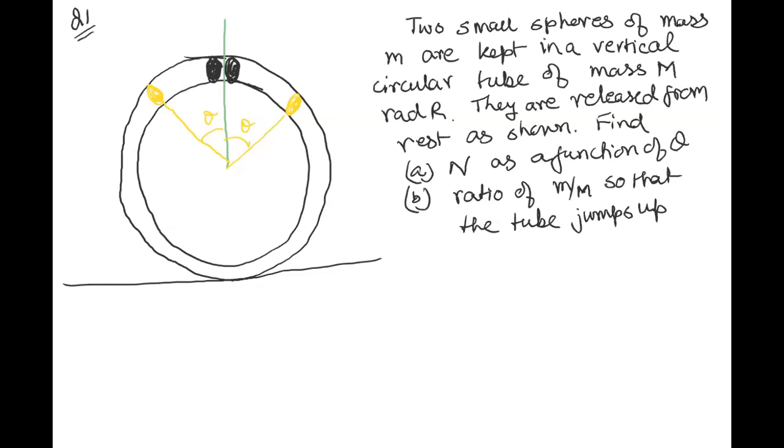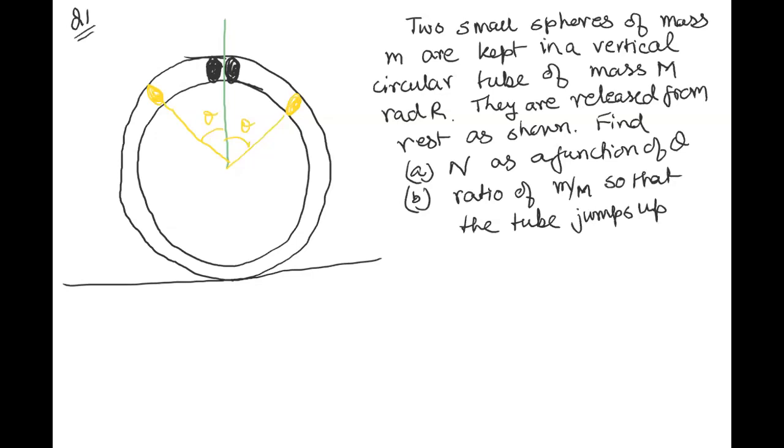What was so special about cosine inverse 2 by 3? The ball leaves the surface, right? The particle leaves the surface.